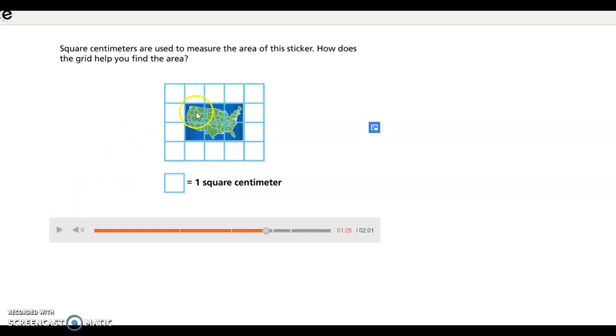We can find the area by counting how many squares there are or using an array to help us find the total. So we have 1, 2, 3, 4, 5, 6.